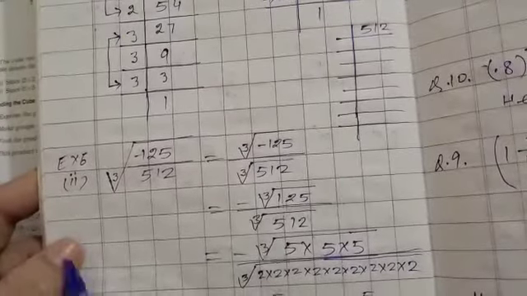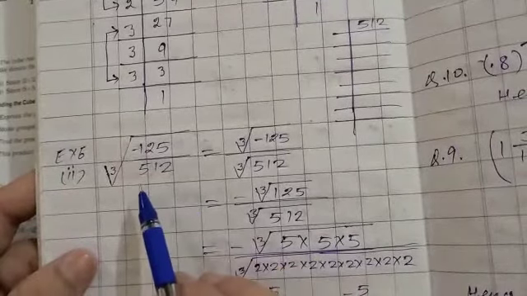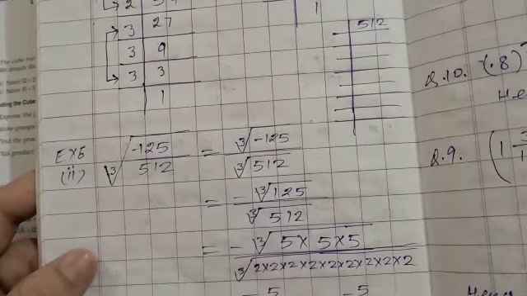Now we discuss the second part, minus 125 upon 512.